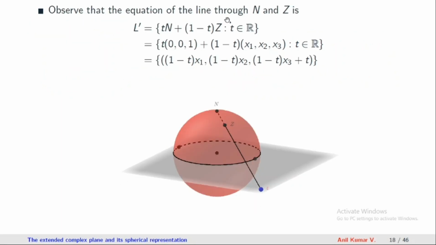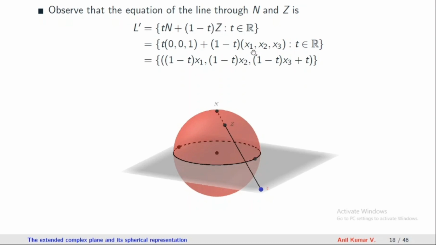Observe that the equation of the line through n and z is given by L prime is equal to tn plus (1 minus t) into z, t varies over R. But n is the north pole of the sphere, so tn can be written as t into (0, 0, 1), where the coordinates of n are 0, 0, 1, plus (1 minus t) into the vector z.